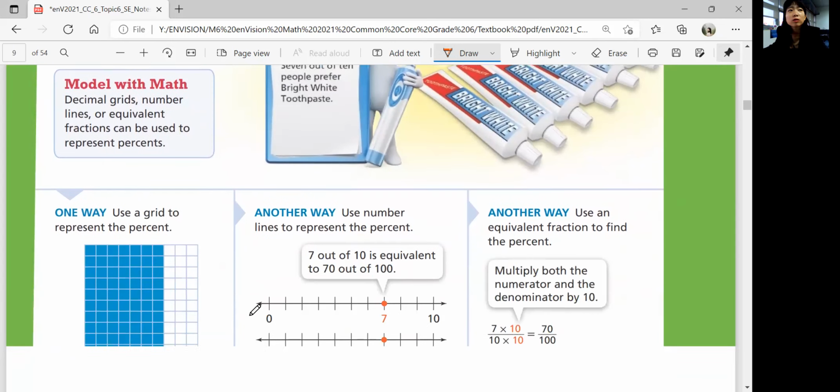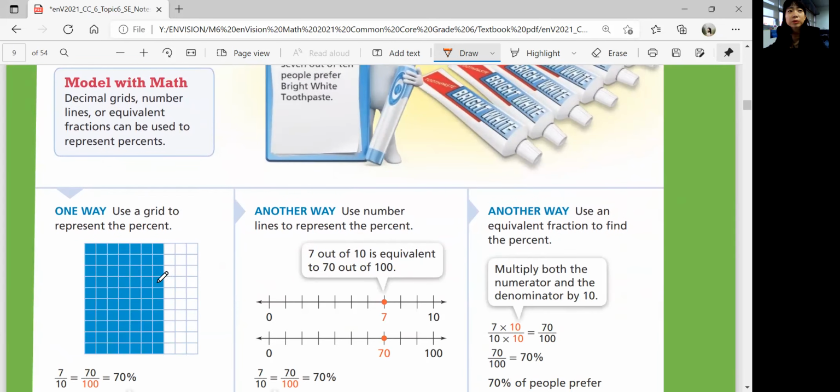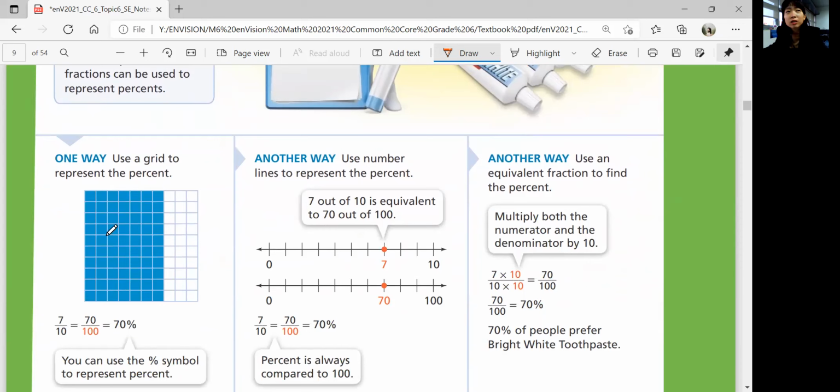Okay, so you can use the grid to represent the percent. If you have 100 blocks of grid, you can represent 70% by shading 70 blocks of them, right? Or another way, you can represent using the number line. So from 0 to 10 or 0 to 100, you can represent 70% or 7/10 on the number line.